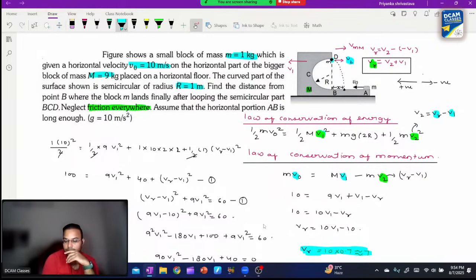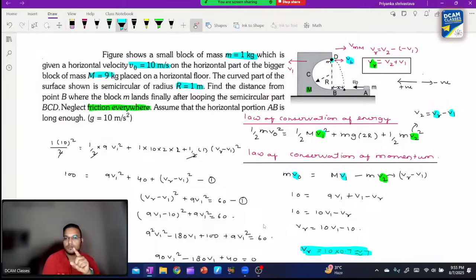7 by root 5. 7 by root 5 is 7 by 2.23. No, sir, wouldn't it be 0.7 meters? I mean, no. They're saying it is 4.74 meters. You may get something, but your answer should be something nearer to 4. Let me see.